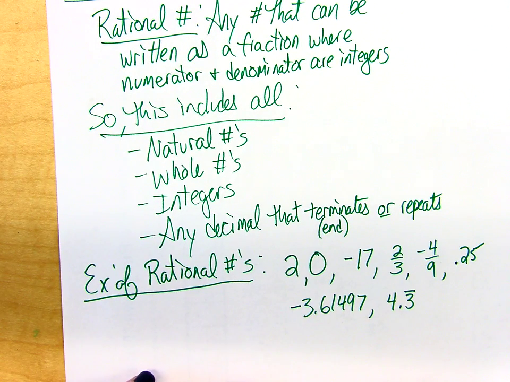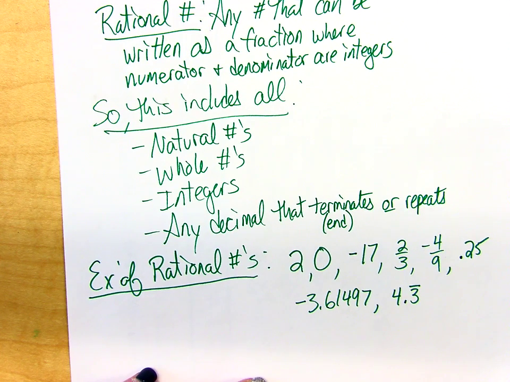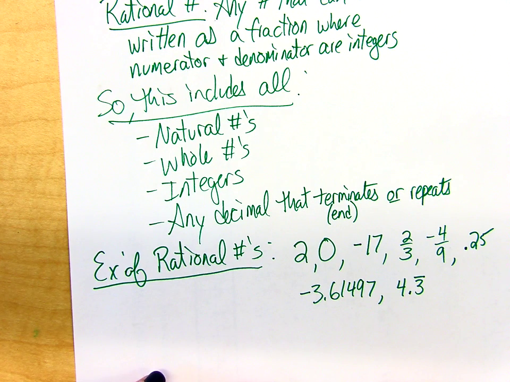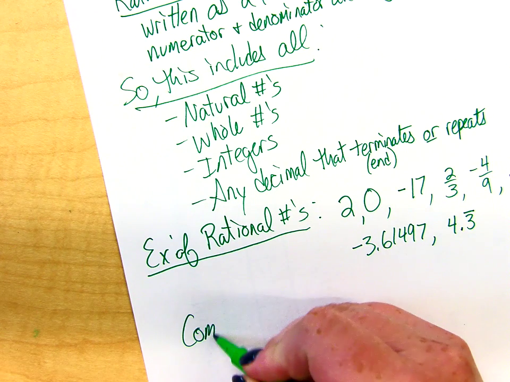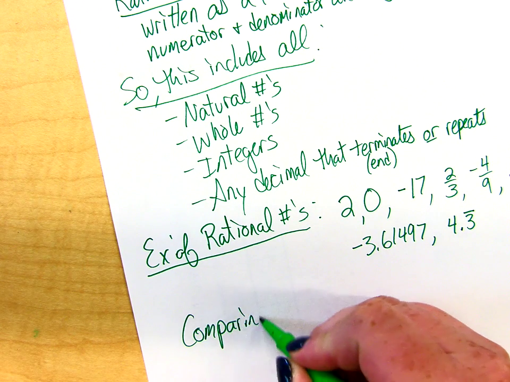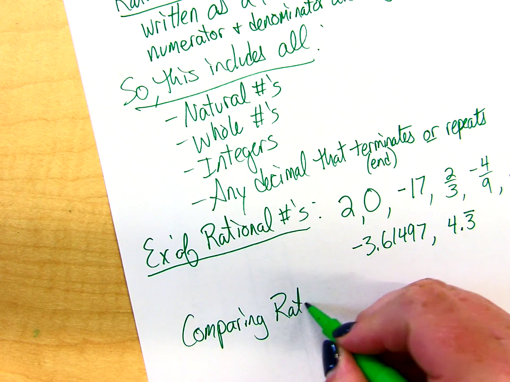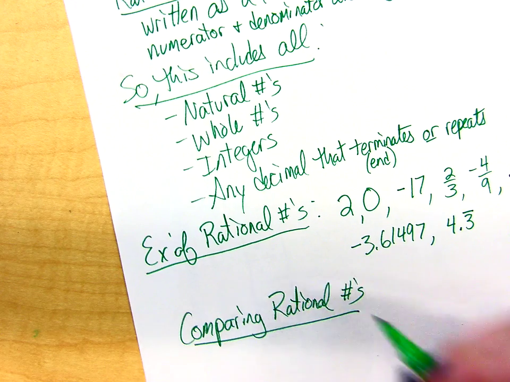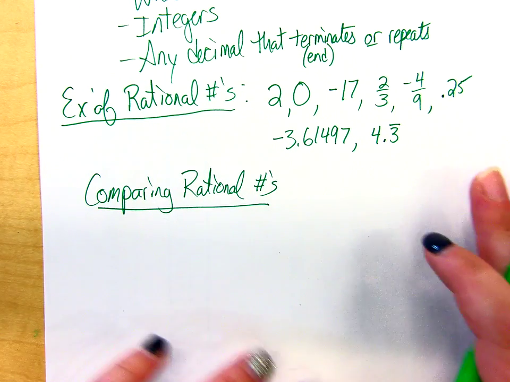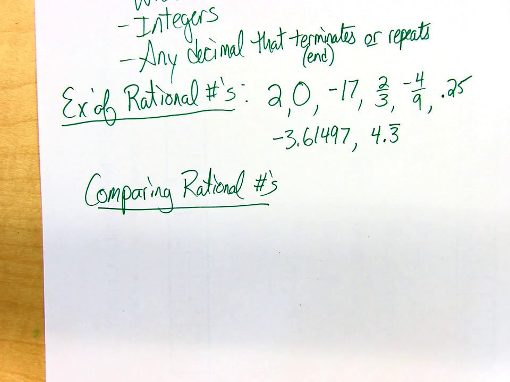Let's say I wanted to compare a few of my rational numbers. Comparing rational numbers. I'm going to let you in on a little secret here, but you already know this. This is going to make your life so much easier if you pay attention to this first.